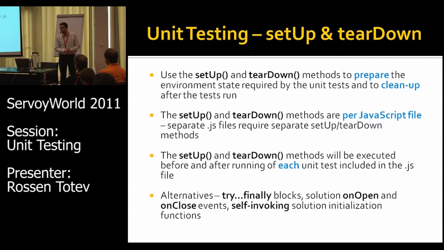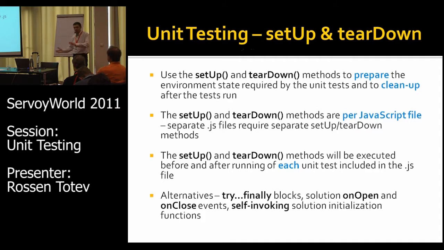For that, there are two methods that can be used to prepare and clean up the environment for the unit tests. All you need to do is create methods with the names setup and tearDown; of course they're case sensitive. These methods are per JavaScript file.